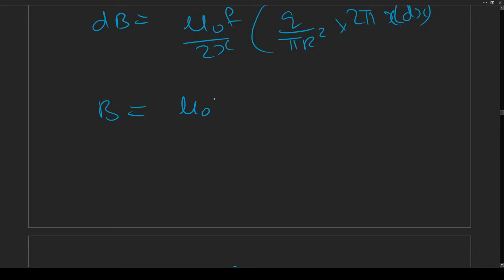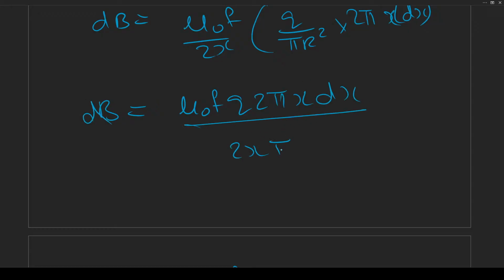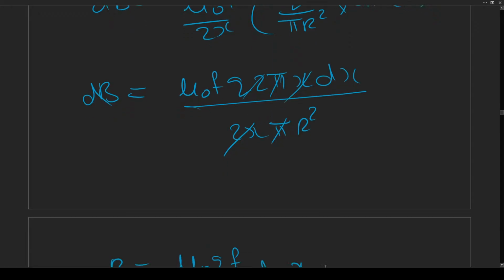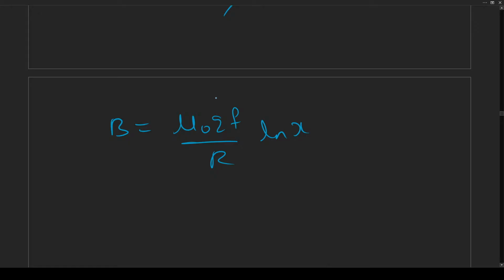It will be mu naught f q 2 pi x dx by 2x pi r square. Here 2 cancel, pi cancel, x cancel, and we'll get finally the integration.